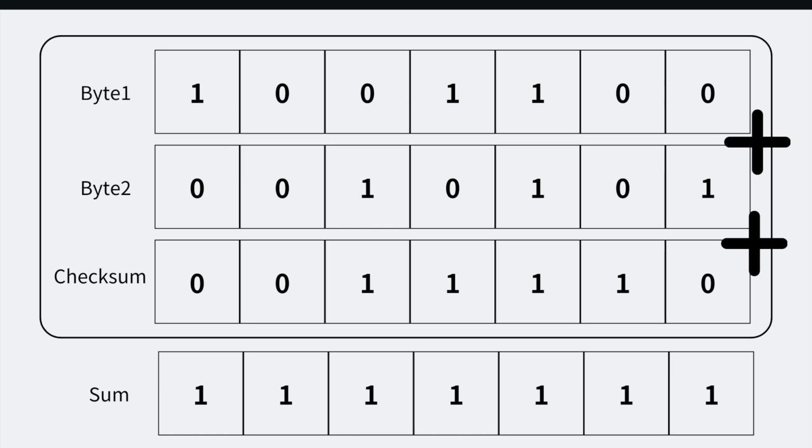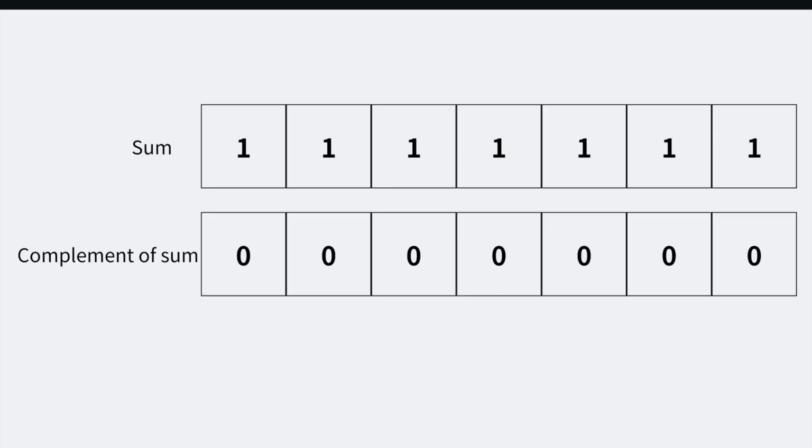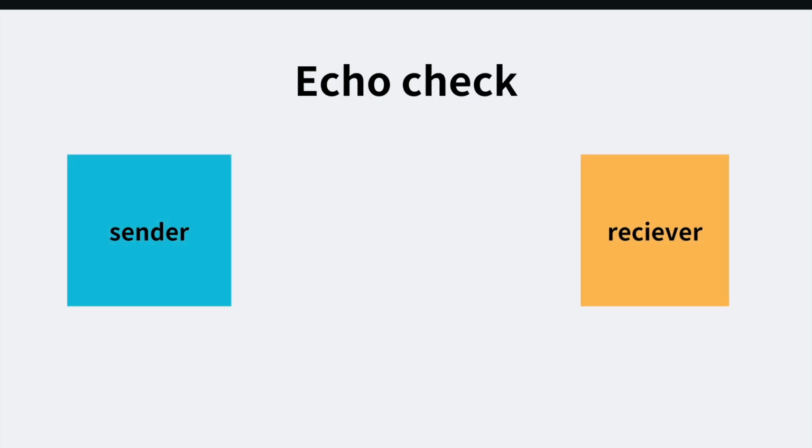The receiver needs to add all the bytes in the block, and the checksum also needs to be added in it. And we can get the sum of this data block. Then calculate the complement of the sum. If the complemented result is 0, then the receiver will assume that no error occurred.